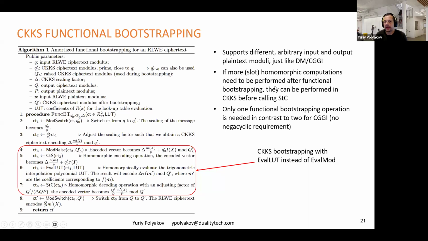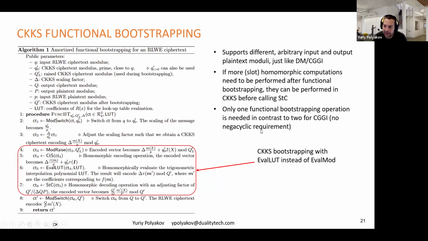Also, in addition to the functional bootstrapping, if we want to evaluate some polynomial function or some rotations or whatever, one approach is to reserve more levels in CKKS. So as soon as we're done with eval LUT, we can do some extra work, like a leveled computation after that. So this is readily available at the cost of increasing levels.